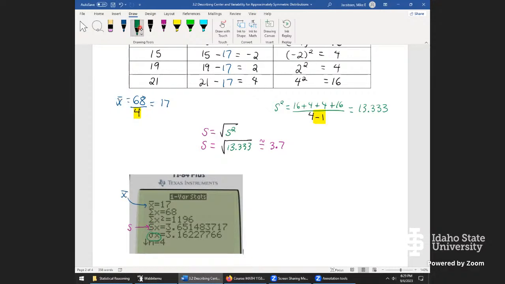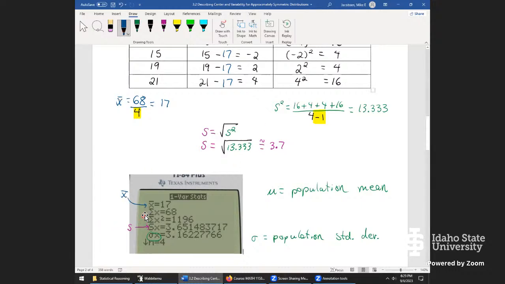We kind of hinted at it before. It's a population parameter or population characteristic. Sigma is the population standard deviation, whereas mu is the population mean.